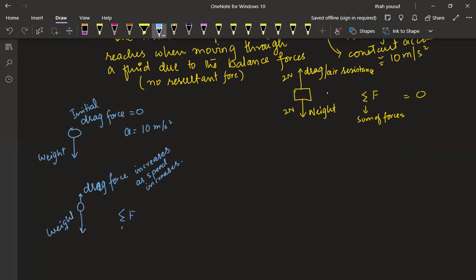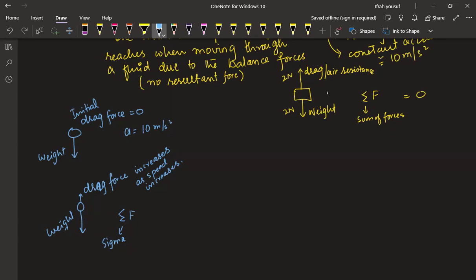Okay. So if we take the sum, this is called sigma, right? That means the sum of force. This symbol is sigma. That is the sum. Sum means that you are going to add them. So drag force is acting upward and weight is acting downward. So you are going to subtract the drag from weight, so that whatever the net or resultant force you get, in that direction the object is going to move, right?